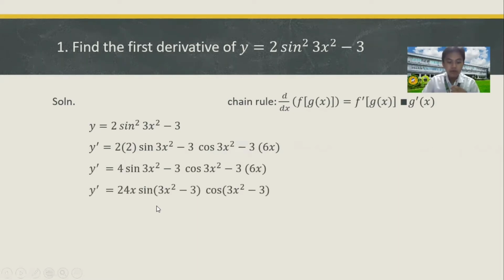So our first derivative of 2 sine squared of 3x squared minus 3 is 24x sine of 3x squared minus 3 and cosine of 3x squared minus 3.